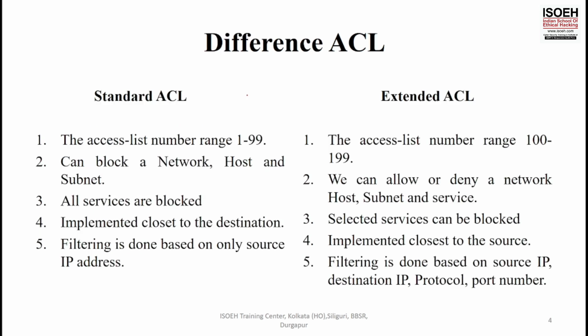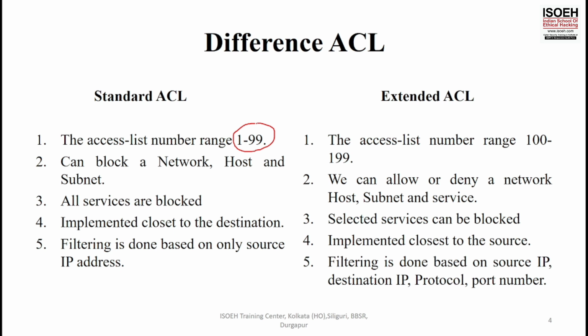The difference is that standard ACL uses a unique number from 1 to 99. If you see numbers 1 to 99 during configuration, that means standard ACL. And if you apply numbers 100 to 199, that means the policy is applying extended ACL.